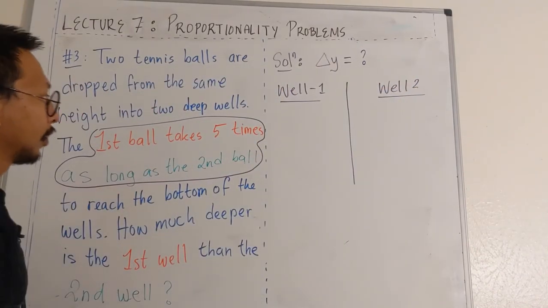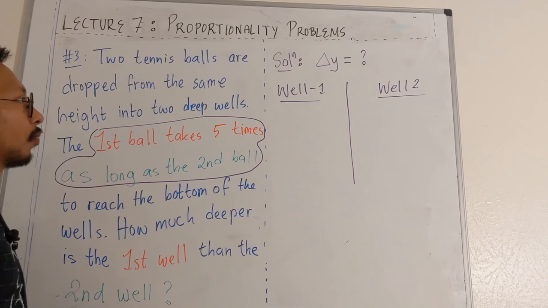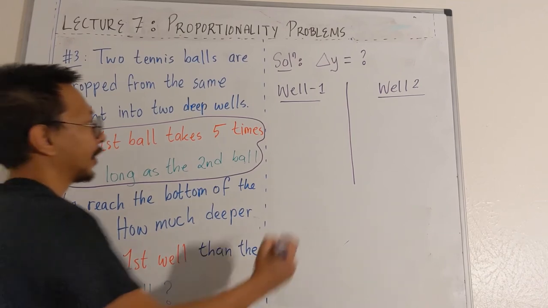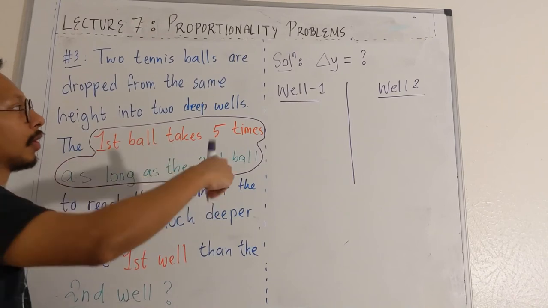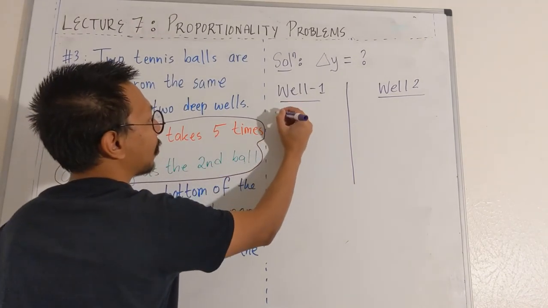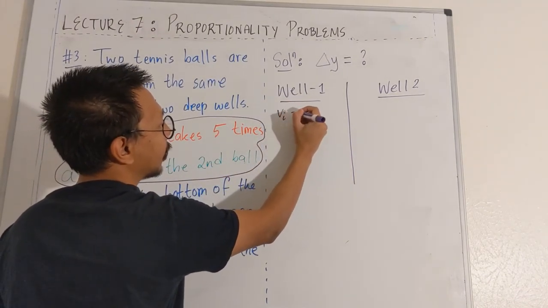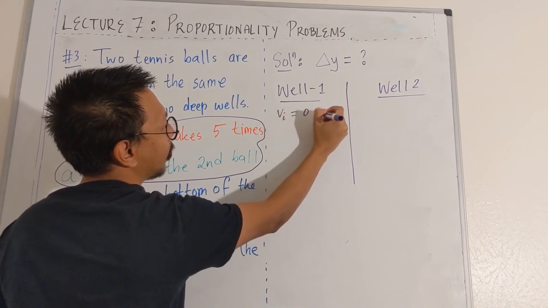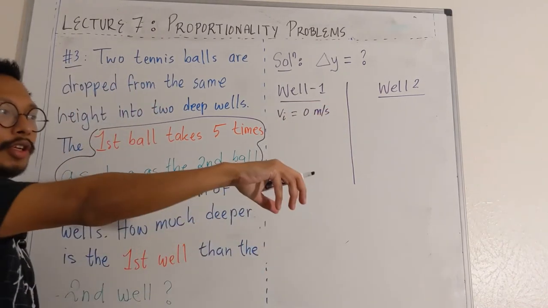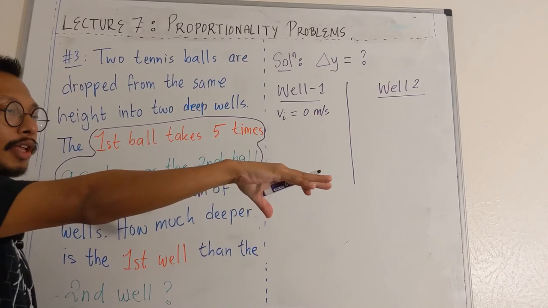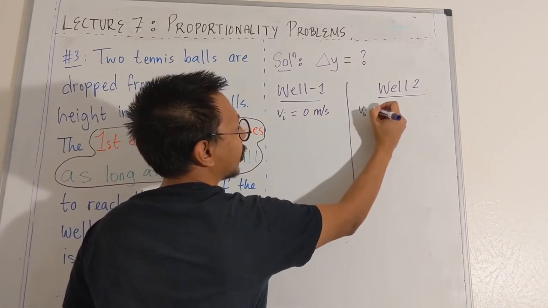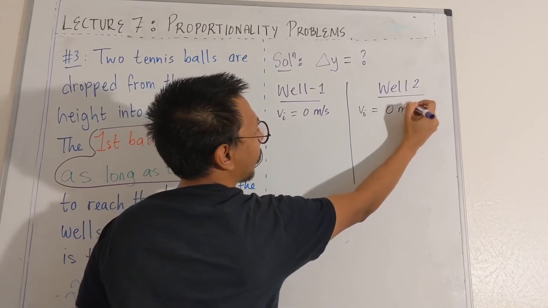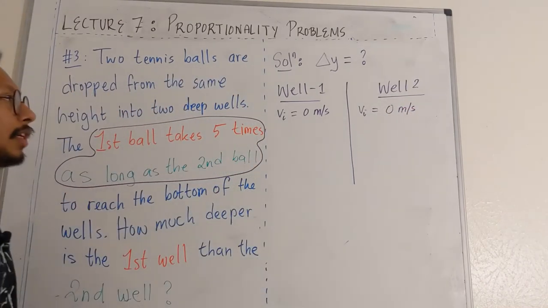Now, what other information do we know from the beginning? We know that the balls are dropped from the same height. When a ball is dropped, the initial velocity is 0 meters per second because initially the balls are at rest and then you just release it. So the initial velocities of both the balls are 0.